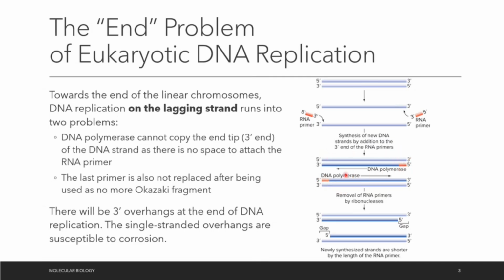Okay. And then after the RNA primers are removed, a small gap will be left behind, and this gap will not be able to close because, as you can see, at the end of this gap there's a 5' end here, right? These both are 5' ends, and these 5' ends will not be suitable for any extension of DNA, simply because DNA polymerase cannot add new nucleotides on the 5' end of a nucleotide sequence.